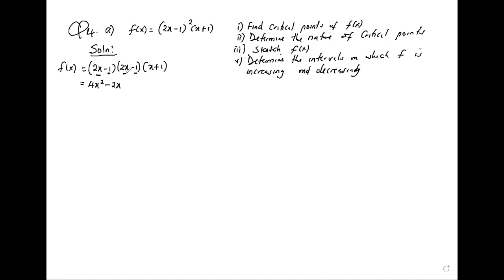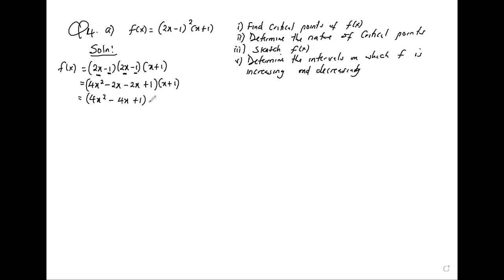Minus 1 times 2x, we get minus 2x. Minus 1 times minus 1, we get positive 1. This whole thing we have multiplied by x plus 1. So we have 4x squared minus 4x plus 1.